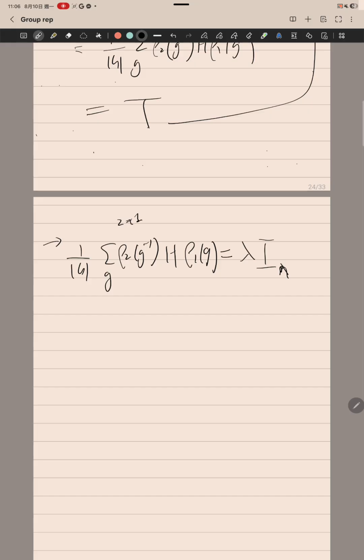Otherwise it's 0. So for convenience: if rho_2 is different from rho_1, then this is 0. If rho_2 is the same as rho_1, then this is lambda times the identity.